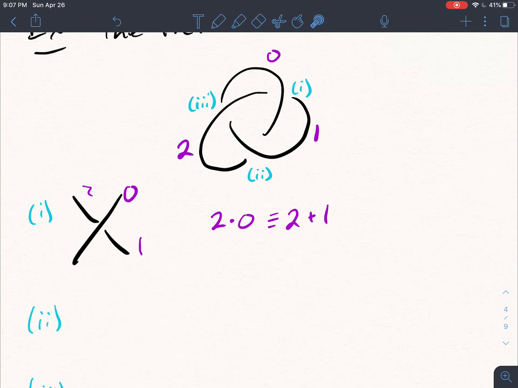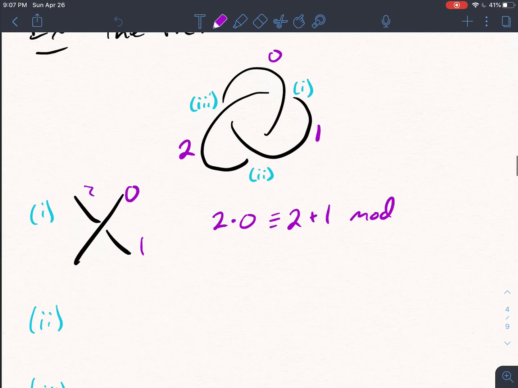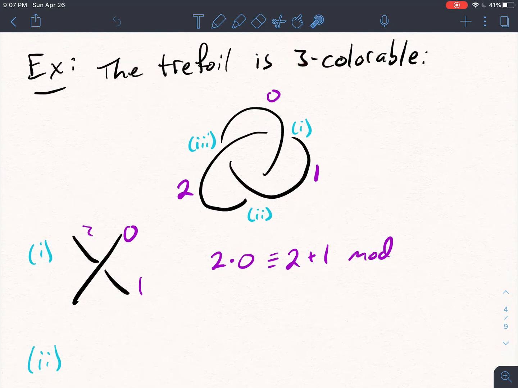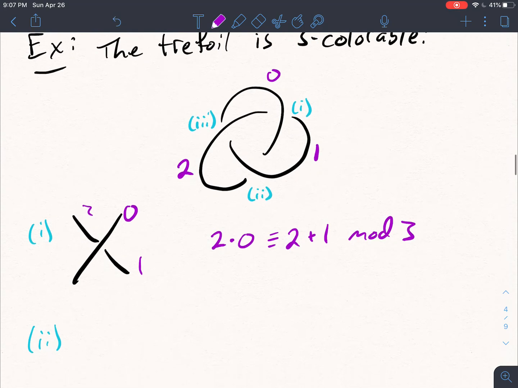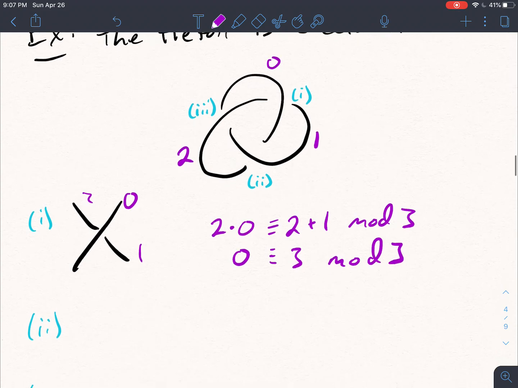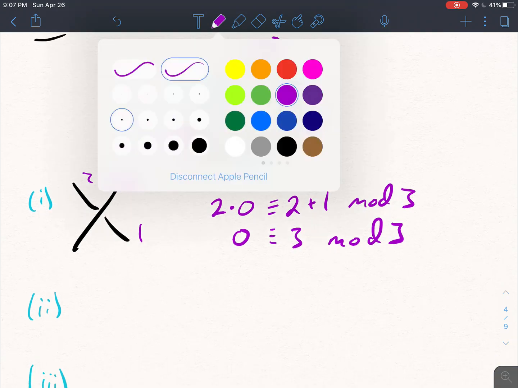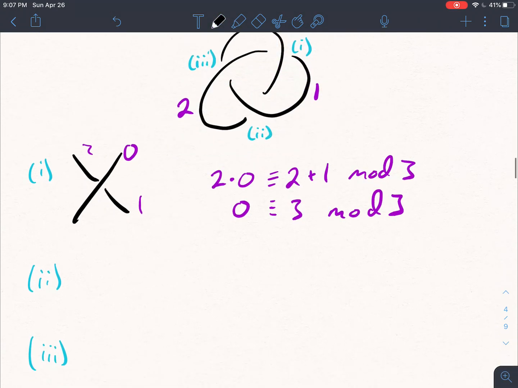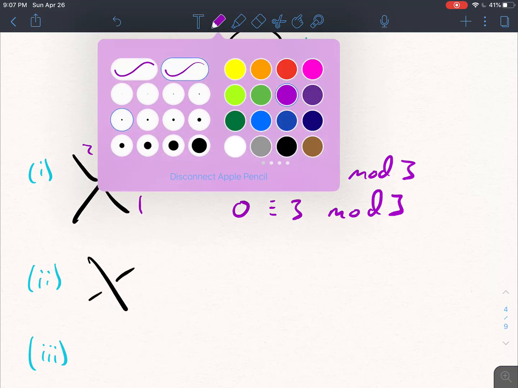So now our crossing relation should tell us that 2 times the overstrand is congruent to 2 plus 1, the sum of our 2 understrands. And I'm claiming that this is colorable mod 3. So these have to be congruent mod 3. And in fact, on the left I get a 0, and on the right I get a 3. And 0 and 3 differ by a multiple of 3, therefore they are congruent mod 3. So it works for that one.